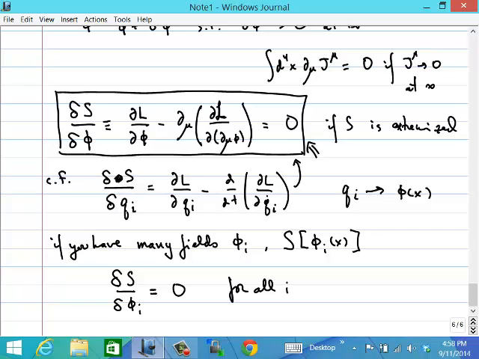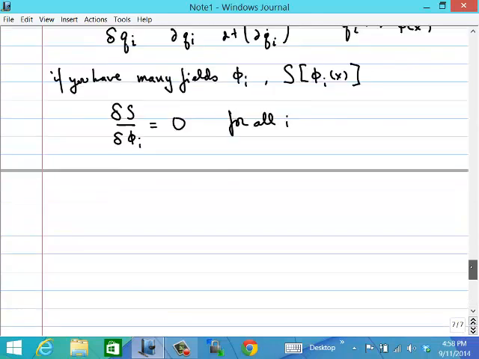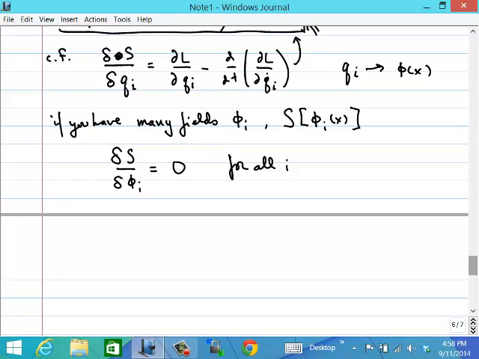So let's try and work out a couple specific examples of this. So the simplest example will be that of a single scalar field. And what sort of action should we write down? Well, it should be the integral d4x of some Lagrangian.